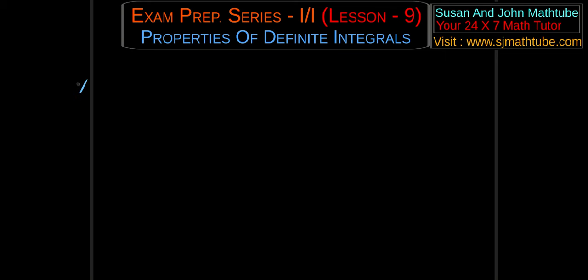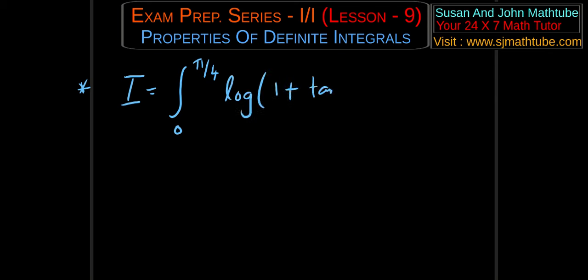Okay, now let's try one more problem before we conclude the video, and that will be a little bit tougher than the other ones. So let's try integral 0 to pi by 4 log 1 plus tan theta d theta. Okay, so what's the first thing to do? Let's call it equation number 1.